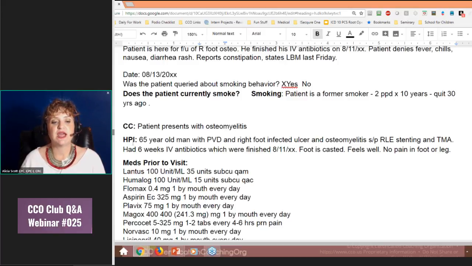All right, so now we're down to the HPI. We're going to be able to glean a lot of information from the HPI. And again, usually I kind of do this backwards. I verify my date. I verify that I've got a provider, the valid patient, the patient that I'm supposed to be doing the risk adjustment for, and their date of birth. Then I go down and look at the electronic signature.